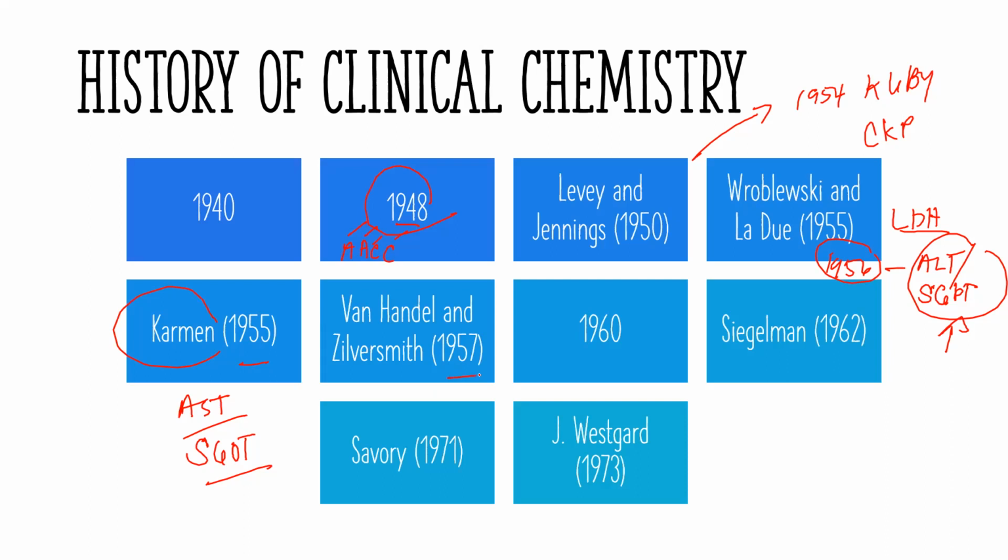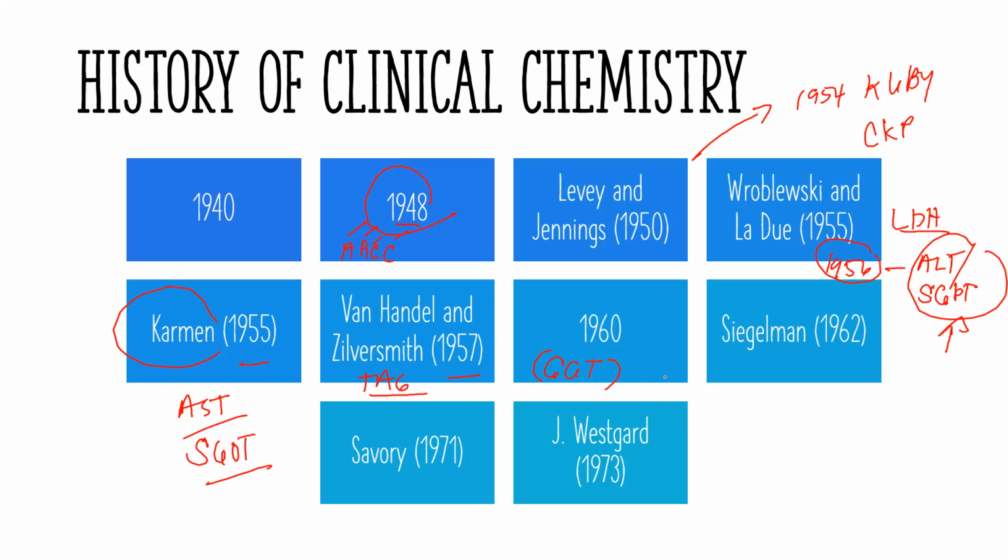Moving forward, in the year 1957, Van Handel and Zilversmit developed the direct method for the determination of triglycerides. In the year 1960, the first method for gamma glutamyl transferase, the GGT, was introduced. Also in 1960, Fitzmeter invented the mechanical pipettor.